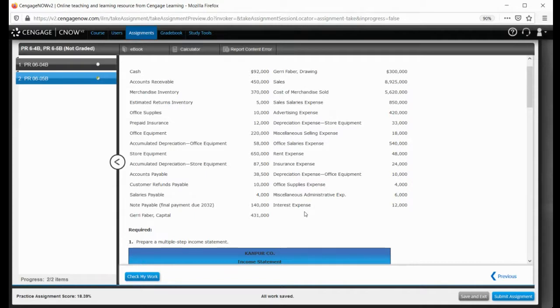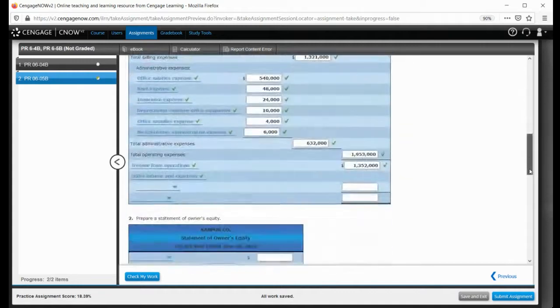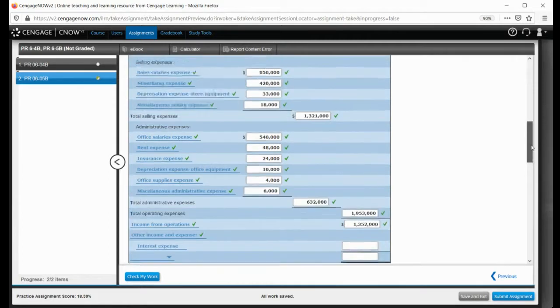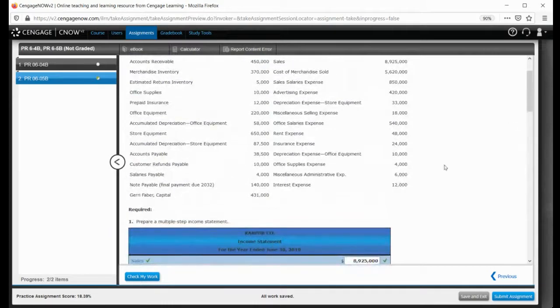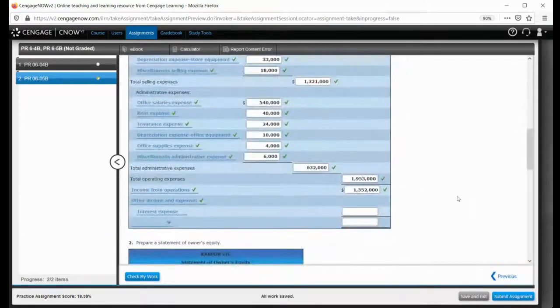It doesn't have anything to do with operations. It's what the bank charges you for financing. And so your interest expense of $12,000 is considered to be an other expense. So interest expense is going to go here, and the amount of that interest expense is $12,000, and it will go here.